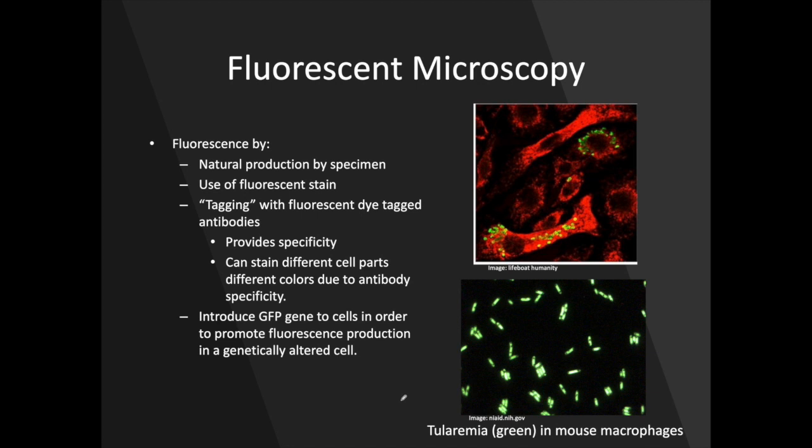Now, there are some microorganisms, bacteria, that actually produce their own fluorescence. For example, if you've ever seen a cuttlefish or certain octopus glow at night, that glow is created by a chemical signal the animal sends to bacteria that produce a natural form of fluorescence.